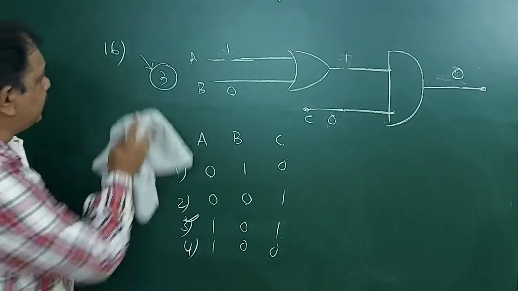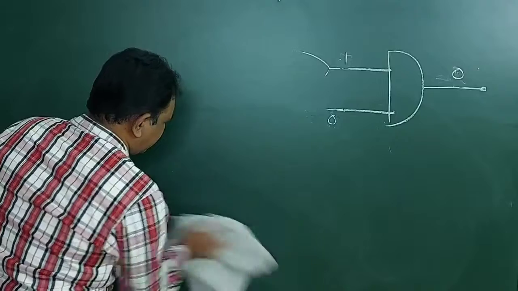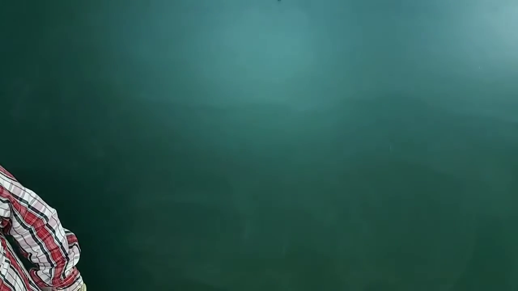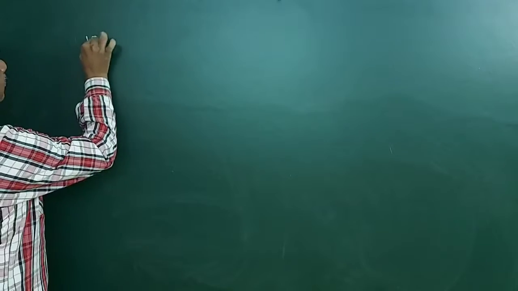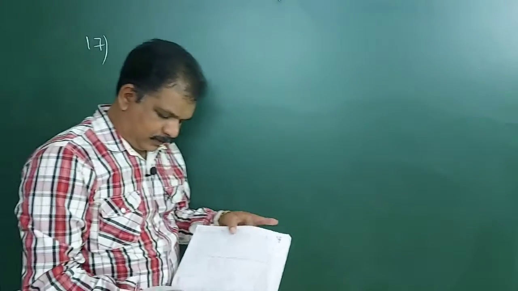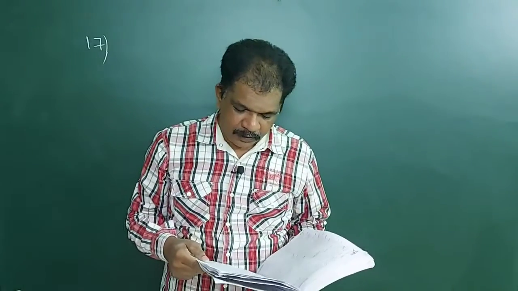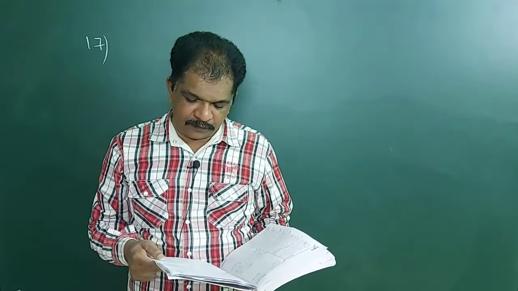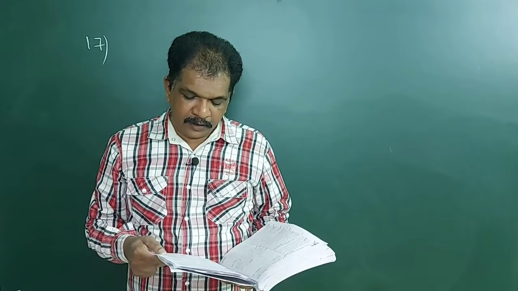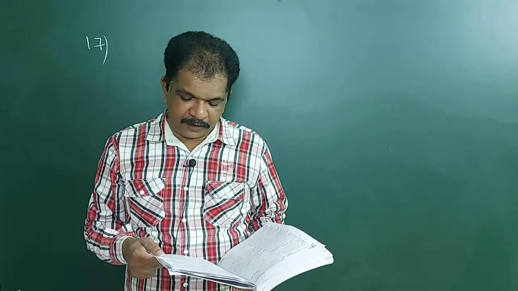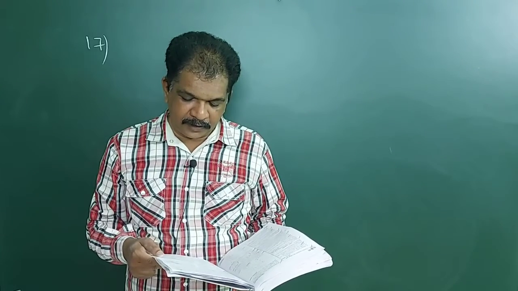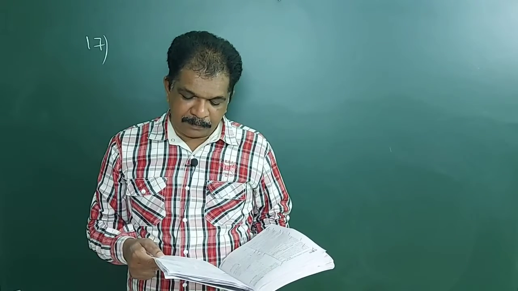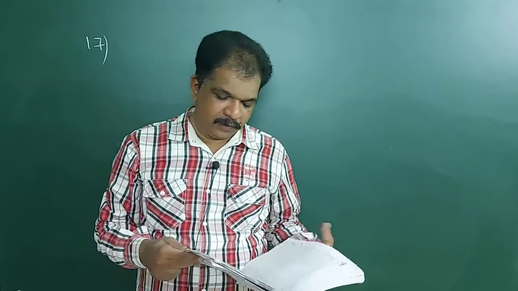Next, see 17. What they are asking. A common emitter amplifier has a voltage gain of 50, input impedance of 100 ohm, and output impedance of 200 ohm. What is the power gain? Okay.